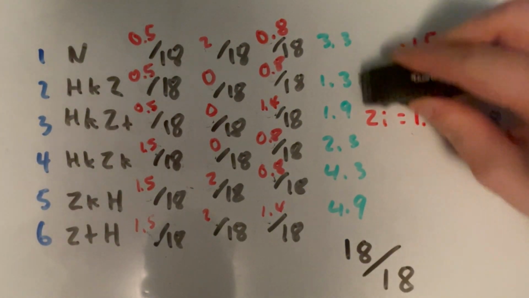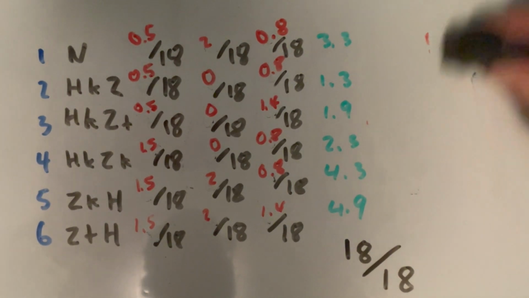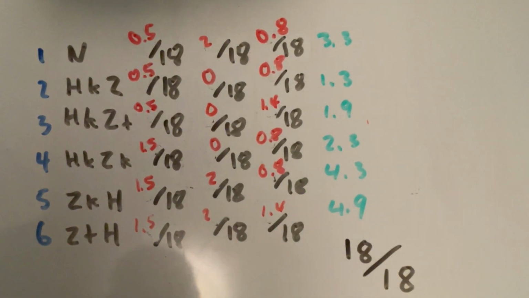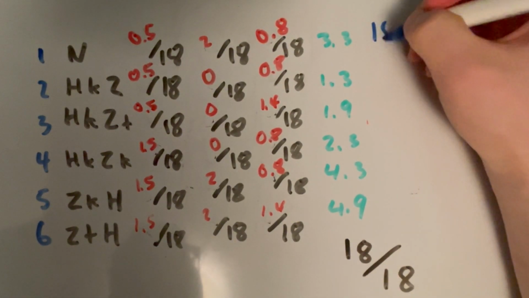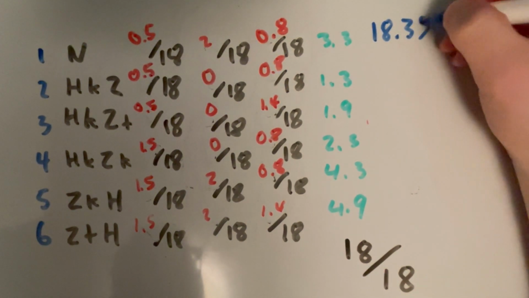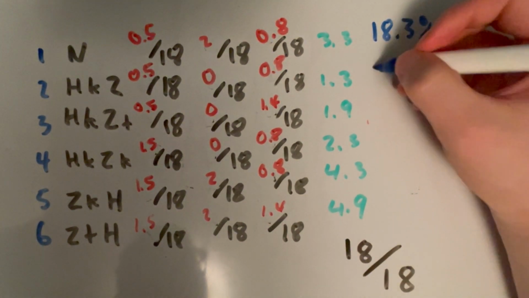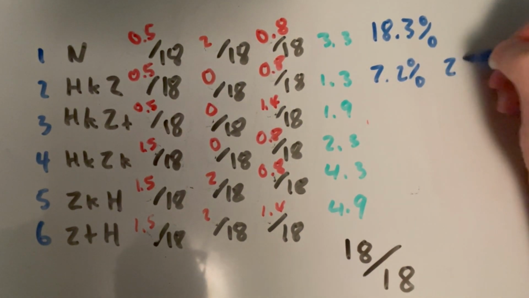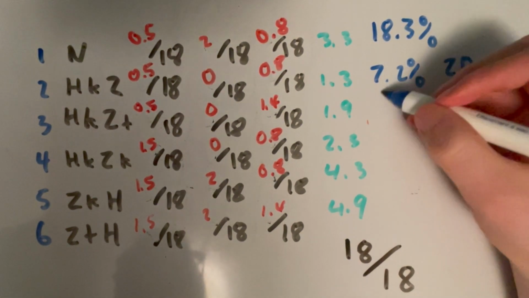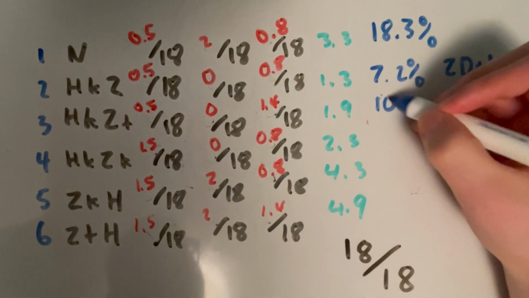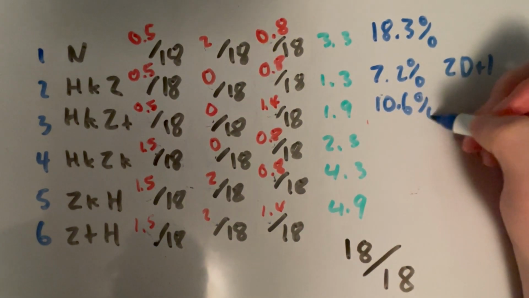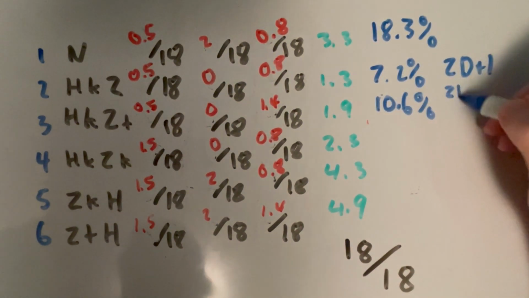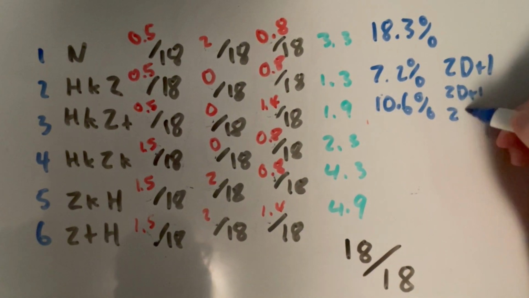So in this scenario, the following outcomes have these probabilities and effects. 1. Nothing happens, 18.3% of all encounters. 2. Human kills zombie, 7.2% of all encounters, the effect being ZD plus 1. 3. Human kills zombie but is turned, 10.6% chance, zombie death plus 1, zombie created plus 1. 4.